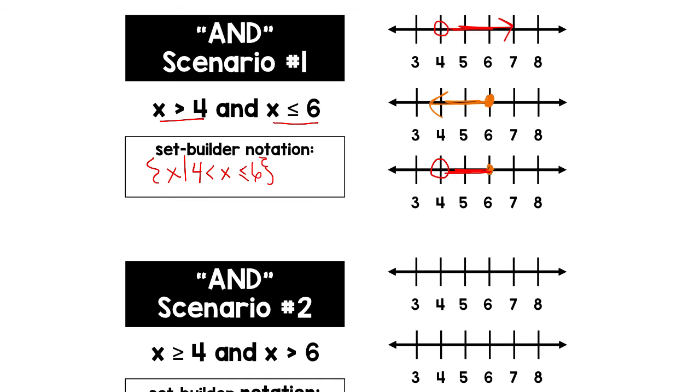Remember, if we do that, the number and the variable change spots. It's pointing at the 4, so it has to stay pointing at 4. And this is our solution. X, given that, 4 is less than X is less than or equal to 6. And it represents just this spot in between the 2 endpoints.